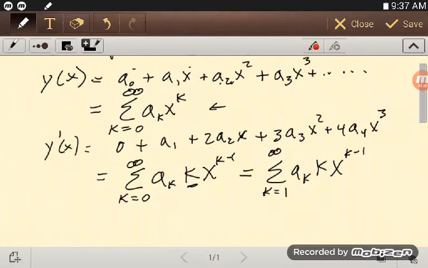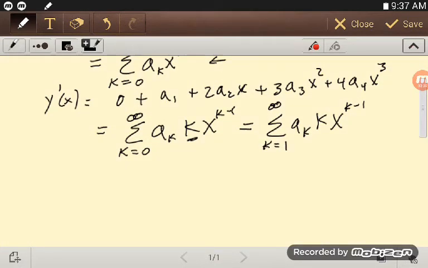Alright, and then we'll just do the second derivative, but of course we could keep on going. But in this class, since pretty much we stopped at problems with two derivatives, second order problems, this will be enough. So take the next derivative.